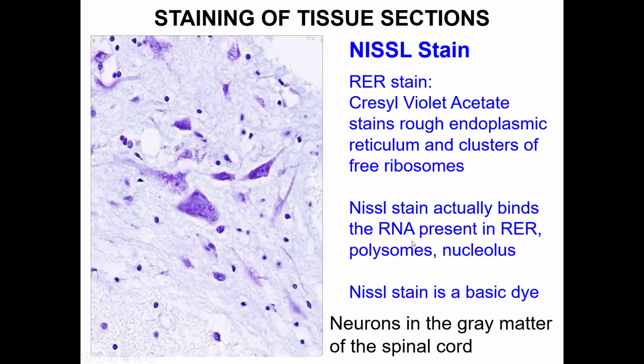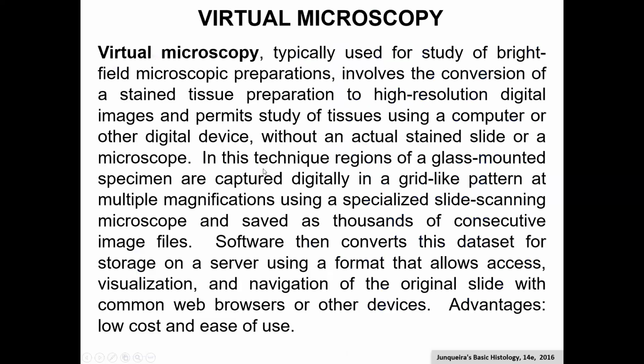They can occur as clusters of ribosomes or polysomes in the cytoplasm, and there they translate the RNA into cytoplasmic proteins, or they may be associated with the rough endoplasmic reticulum, and there they translate the RNA into either transmembrane proteins or secretory proteins. So what you see here are large neurons stained with the Nissl stain.